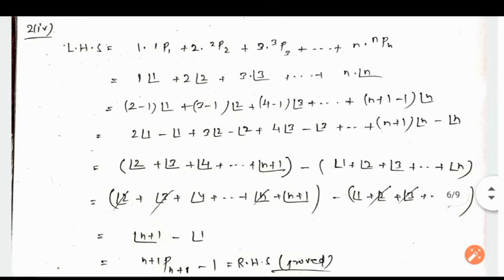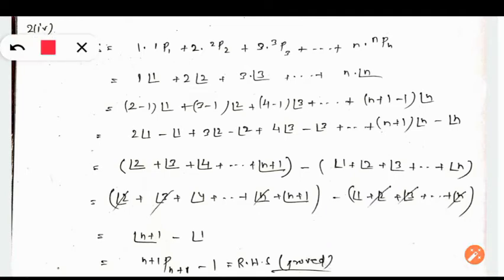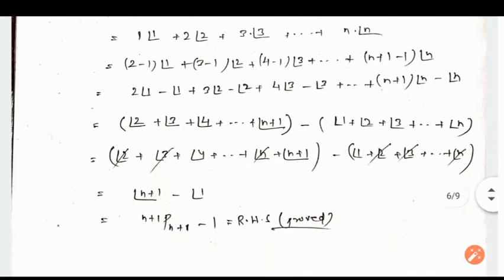Now next step. In place of 1, can I write 2 minus 1, and 1 factorial is still there. Similarly, in place of 2, can I write 3 minus 1? In place of 3, can I write 4 minus 1? And in place of n, can I write n plus 1 minus 1? Right? Now next step.